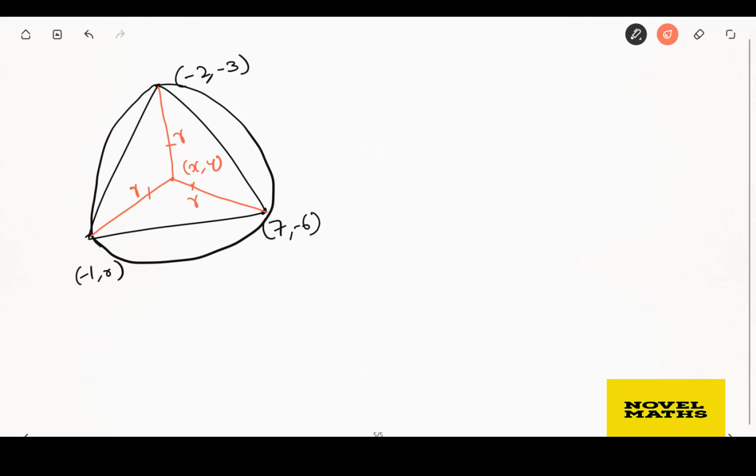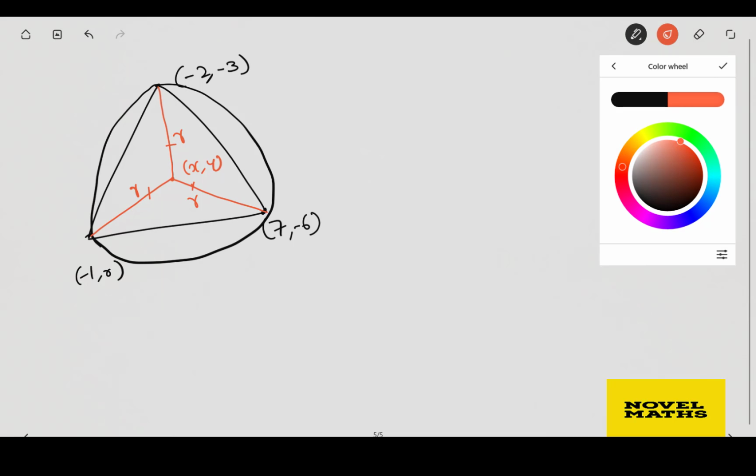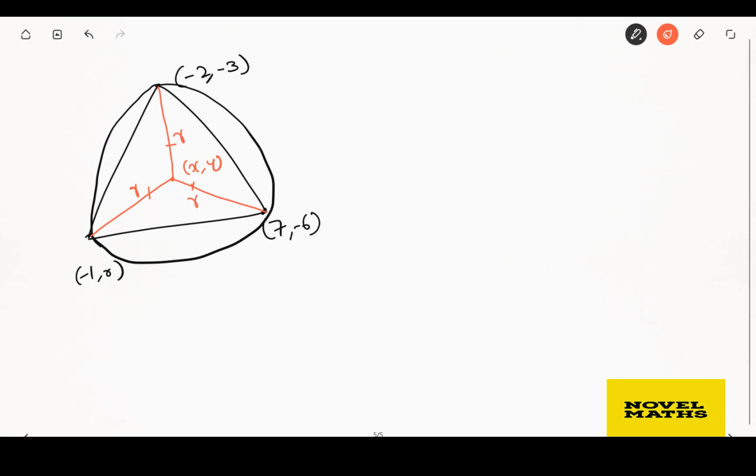Let's try for any two sides. Let's equate any of these radii, for example this and this. This distance will be the difference of the x coordinate and y coordinate: (x plus 2) whole square plus (y plus 3) whole square.